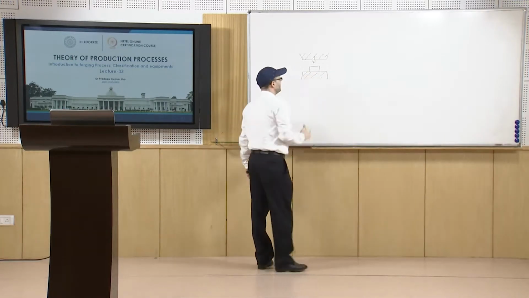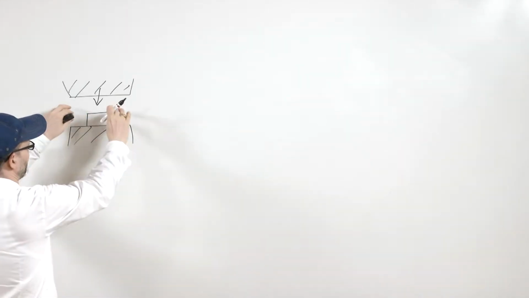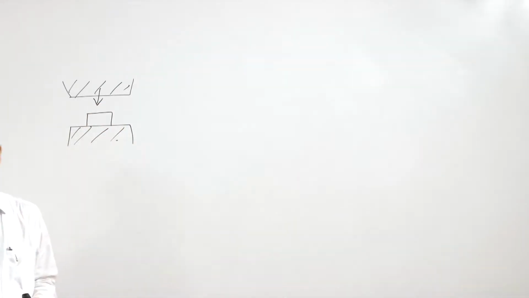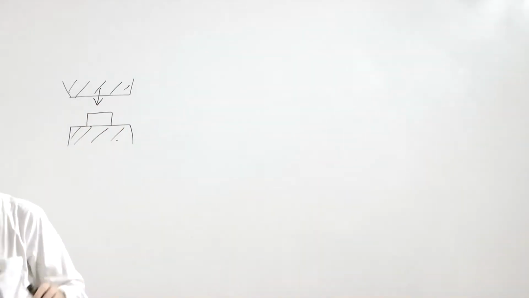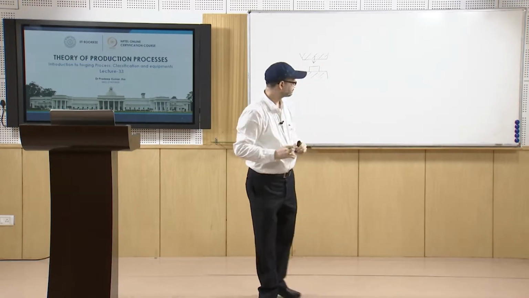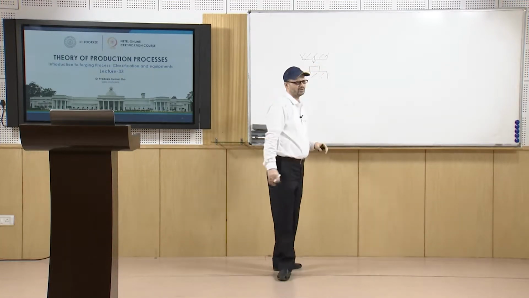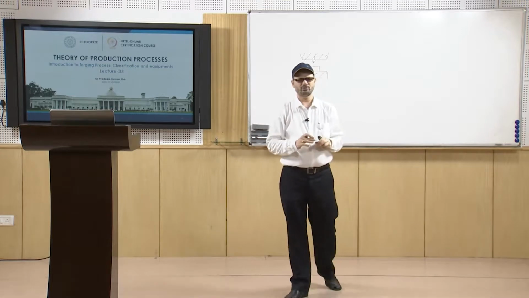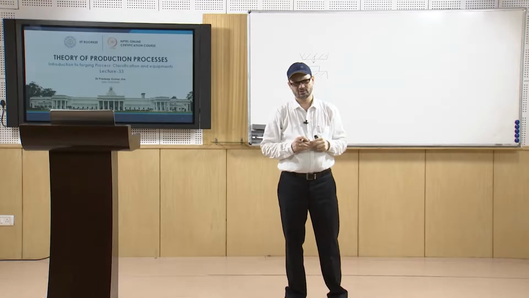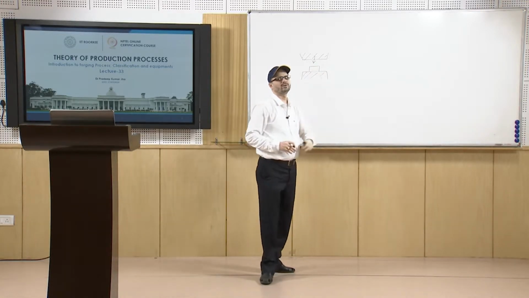When they are flat and the material is able to move in this direction, there is no constraint on this side. In that case it is known as open die forging, and your dies are flat. Normally for initial breakdown, or for initially changing the dimension of the product, you go for open die forging. In that case you have larger stock, so you are reducing its thickness.